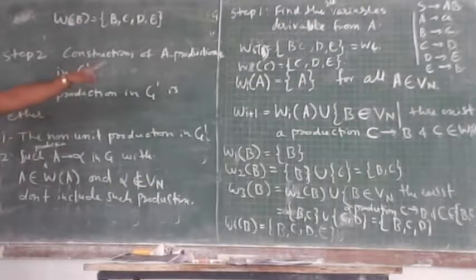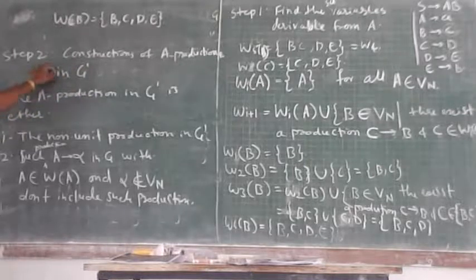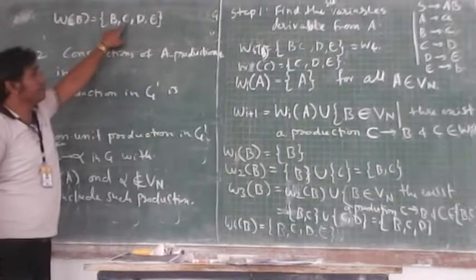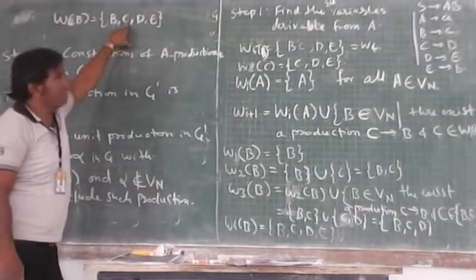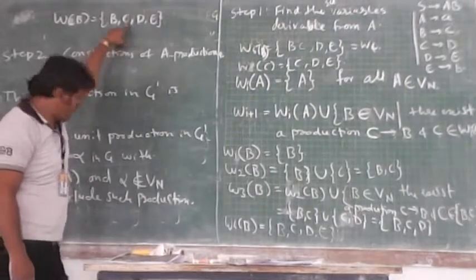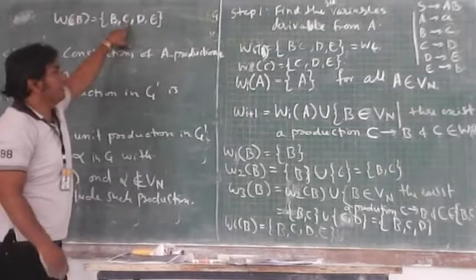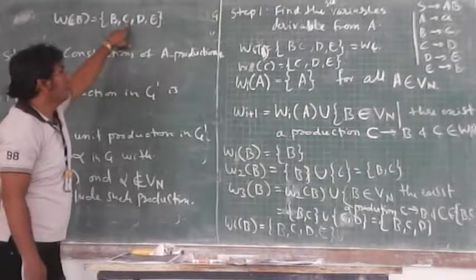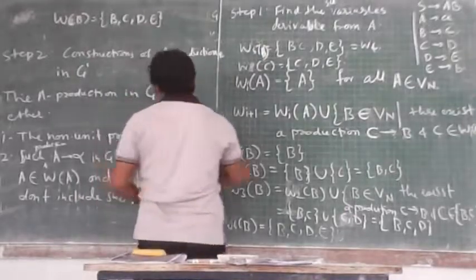So B implies C. What we did? We excluded it. Go for C. C is also implying D, and that D is belonging to Vn. Then we decided to not include it. What did I include in G dash?